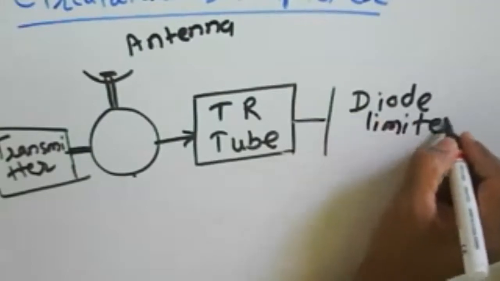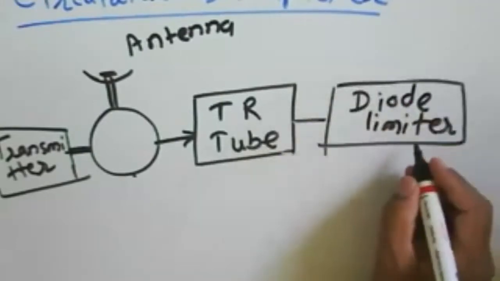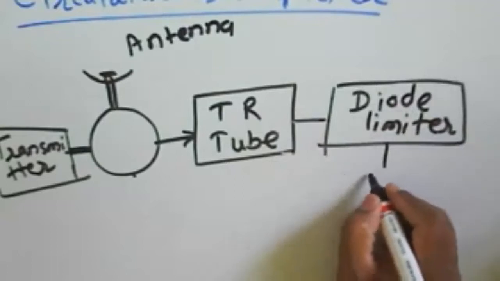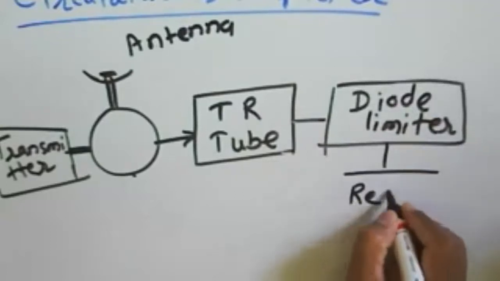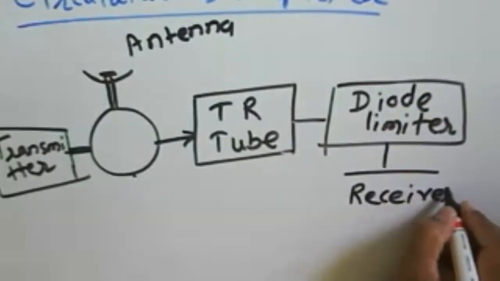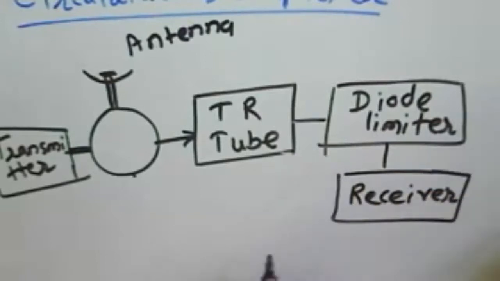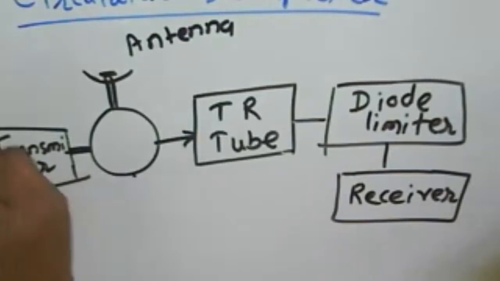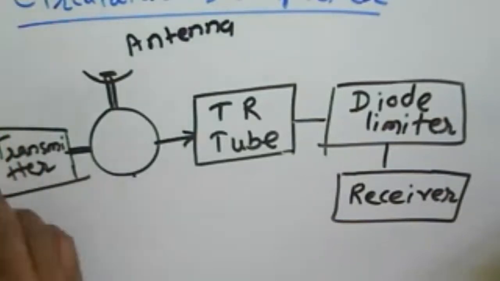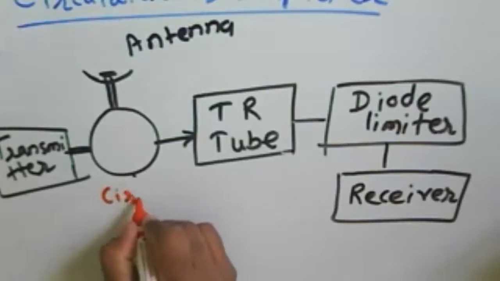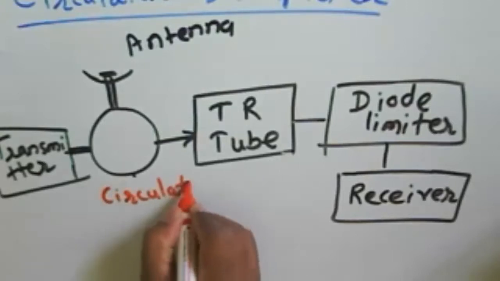Then the diode limiter is used, and after that, that section is the receiver. Now, this portion, that circular portion, is nothing but a circulator.